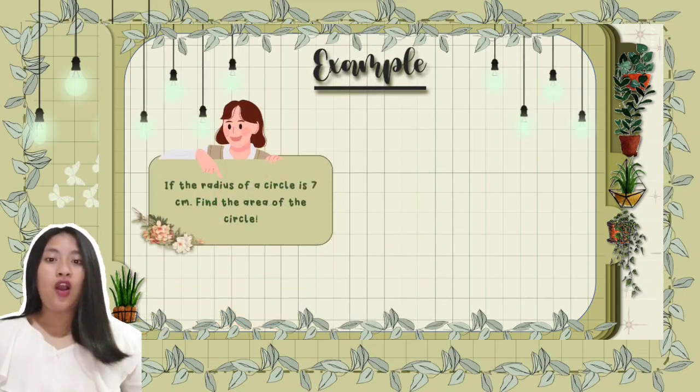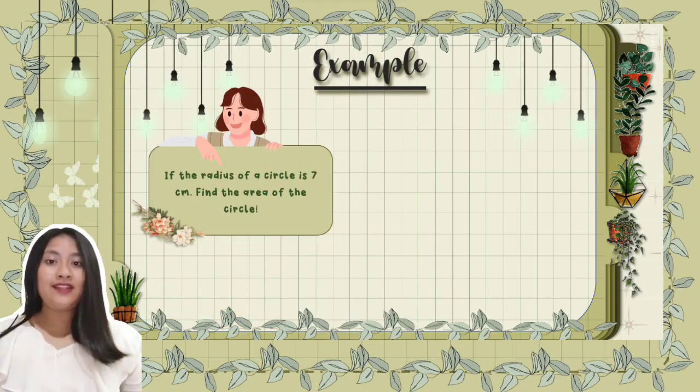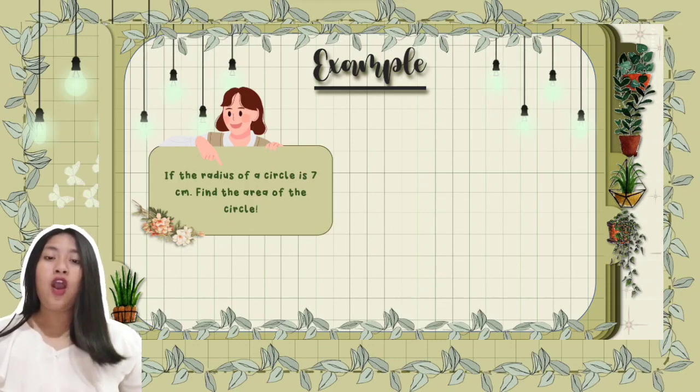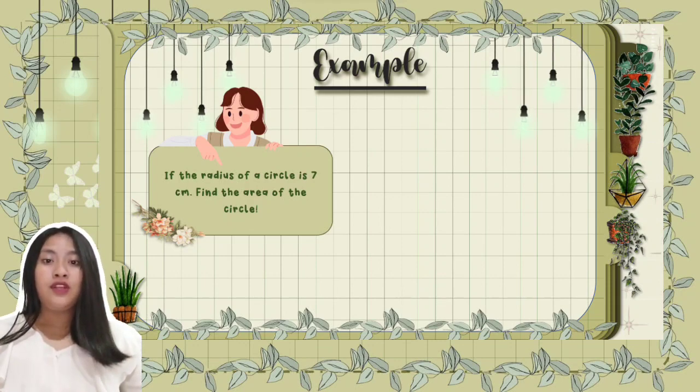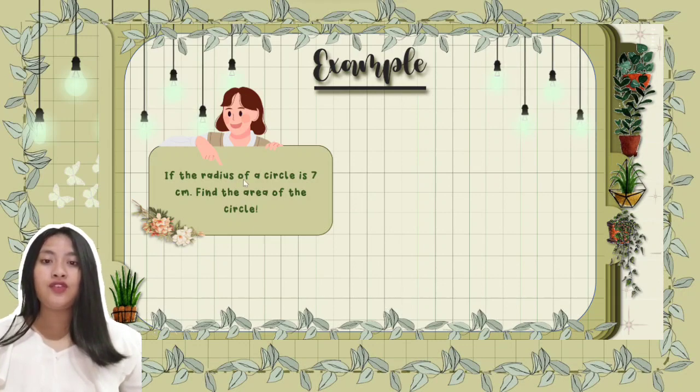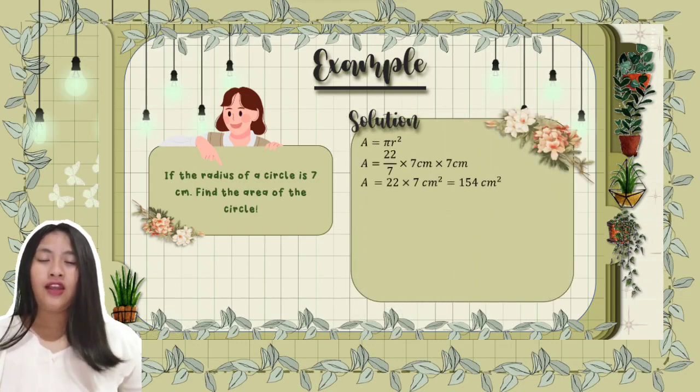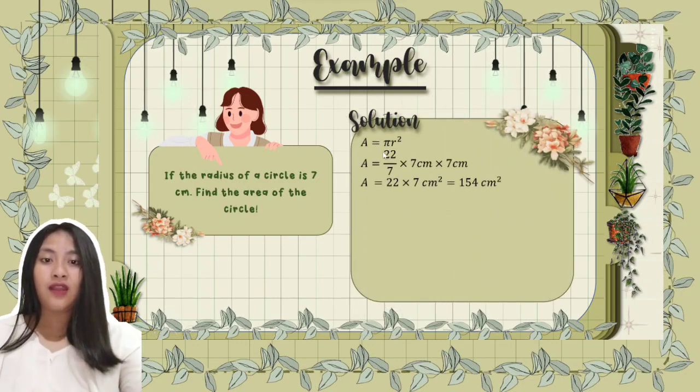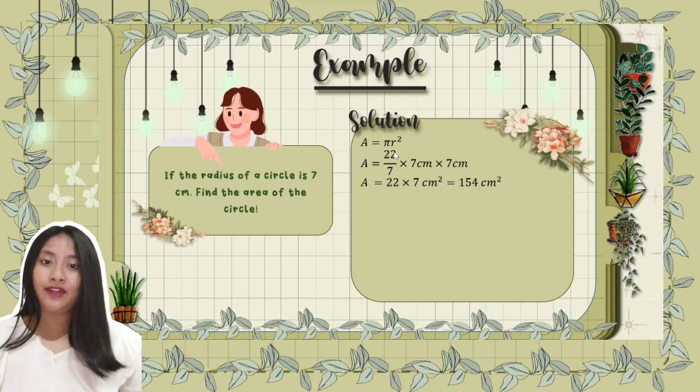To understand more about the area of the circle, let's see this example. If the radius of a circle is 7 cm, find the area of the circle. From the question, we know that the radius is 7 cm. So we can use the formula area equals pi times R squared with pi equals 22/7.